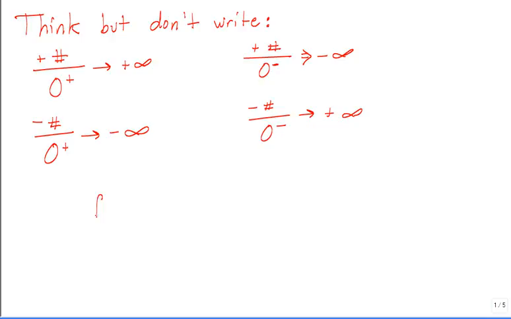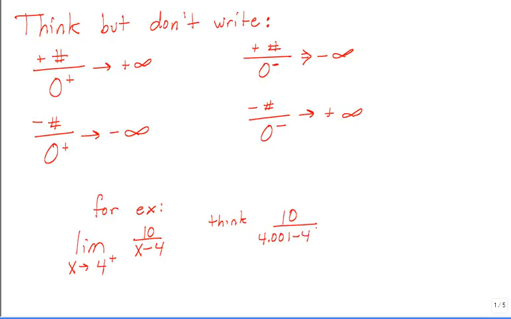So, for example, limit as x approaches 4 from the right, 1 over x minus 4. What you do is think, it could be 10. Let's make it 10. 10 over a number bigger than 4, 4.001, say.